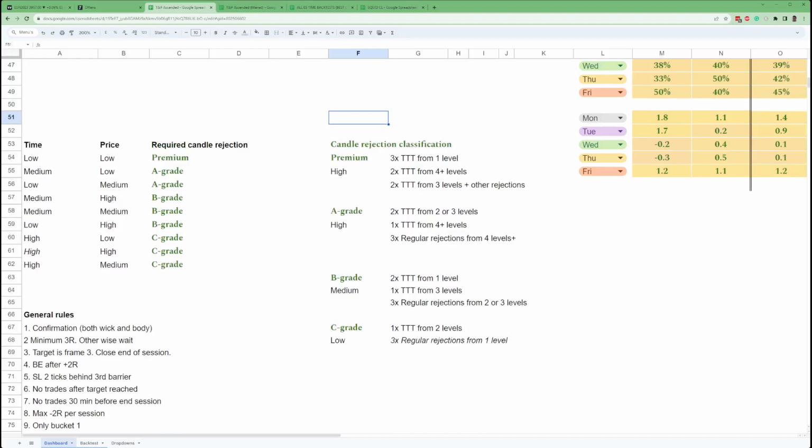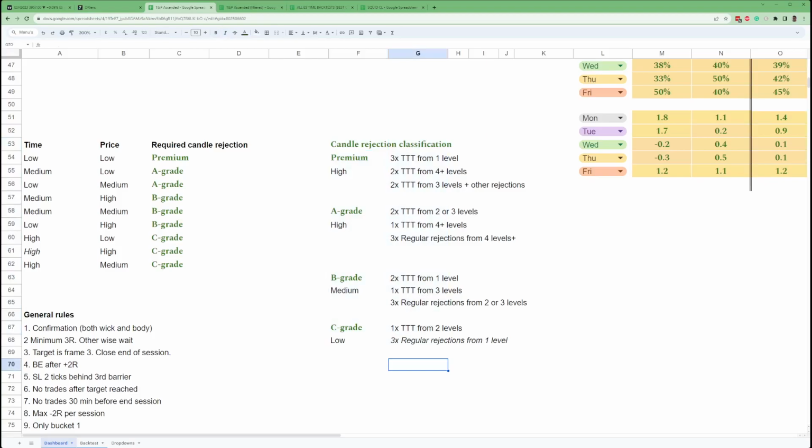The first thing that I realized is the importance of time and price itself. As DR traders, when we have a confirmation, we're always seeing time and price as these two things that are very dictating in whatever we're expecting. So the relation between time and price is very important in what we want to see in candle rejections.